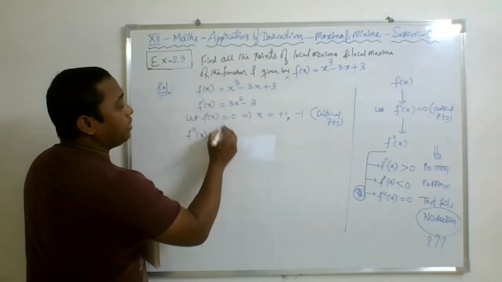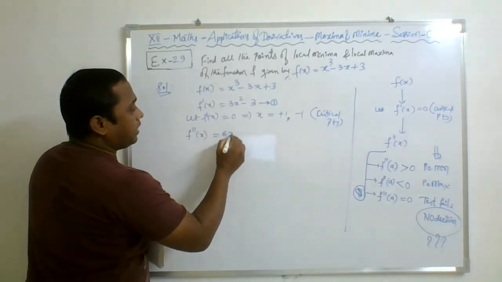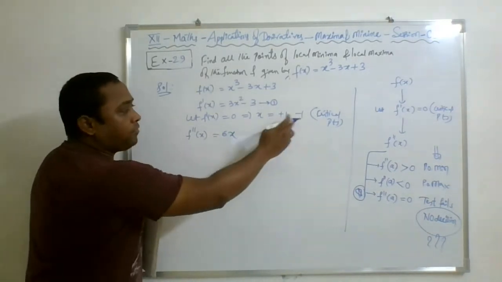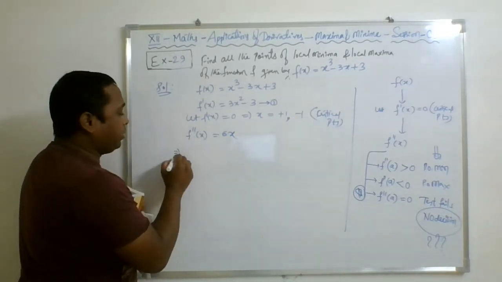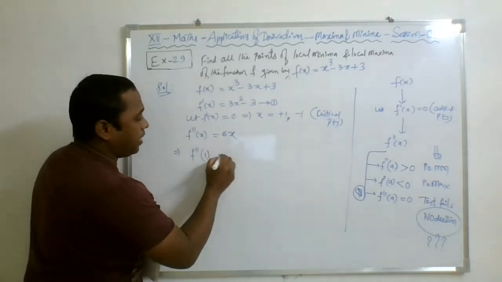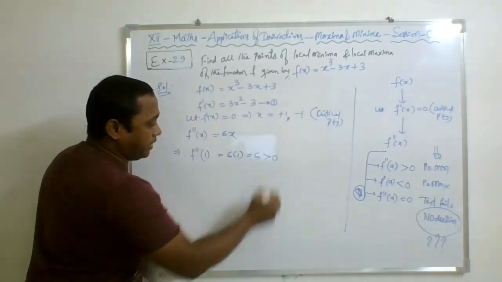What we will do is find the double derivative first. What is the double derivative of this function? Let this be number 1: 6x. Now we'll put one after the other in the double derivative. The double derivative at 1 is 6 into 1, which is 6. It is greater than 0.